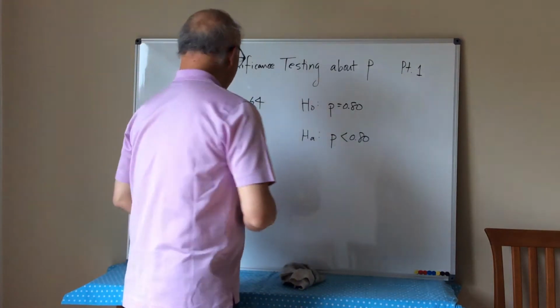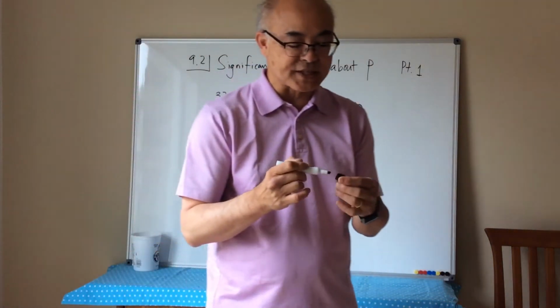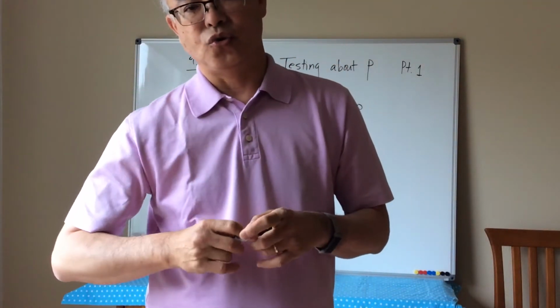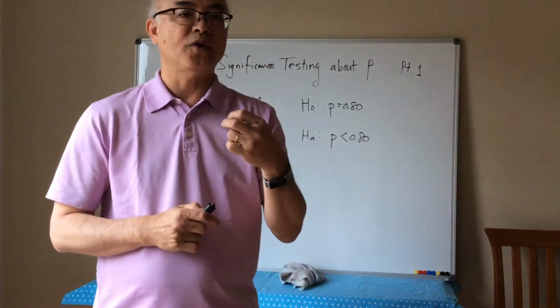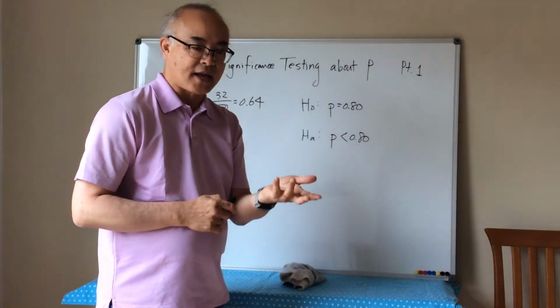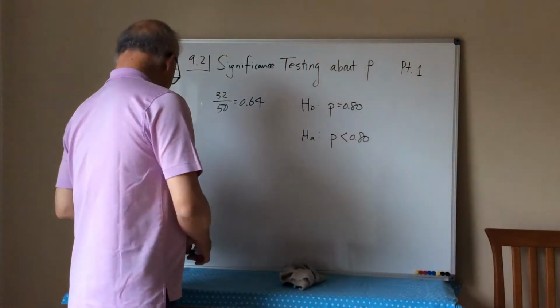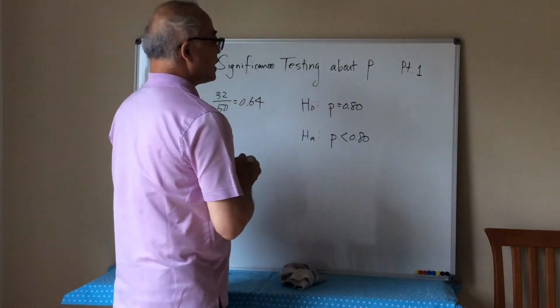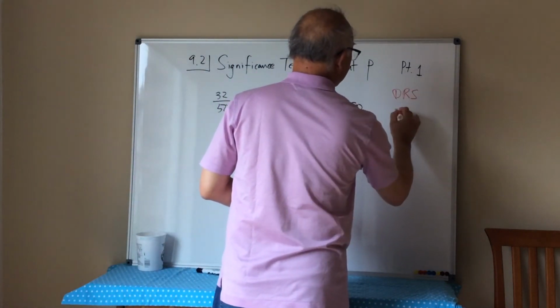Okay. So first of all, there are conditions that need to be met to calculate a p-value, right? And those conditions are the same as our confidence interval conditions. The confidence interval conditions were what? We had three conditions that needed to be satisfied. One was a random sample.